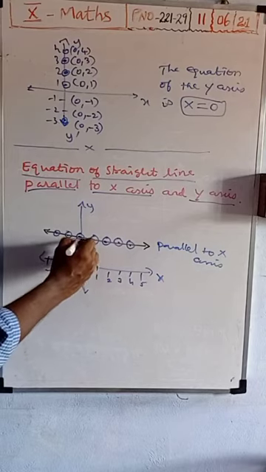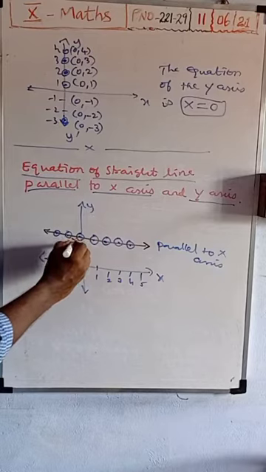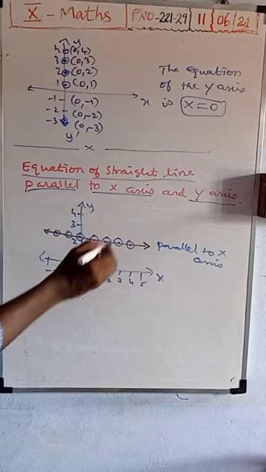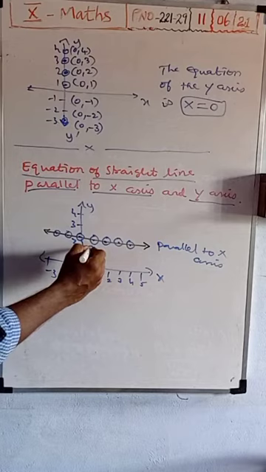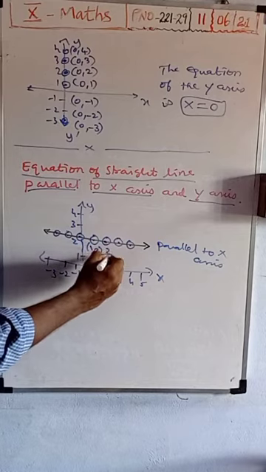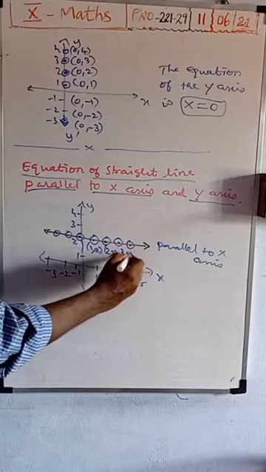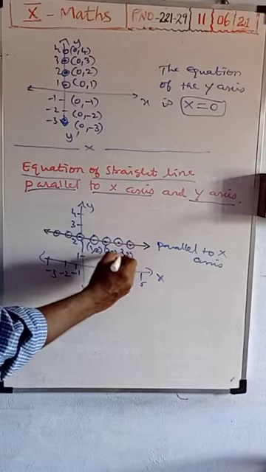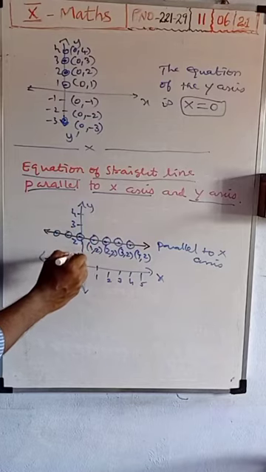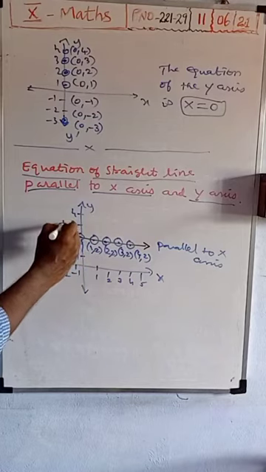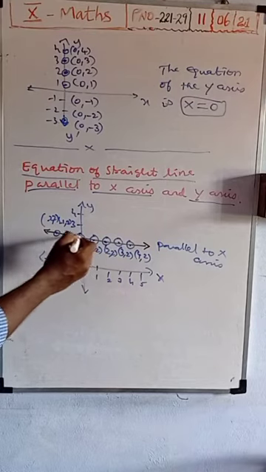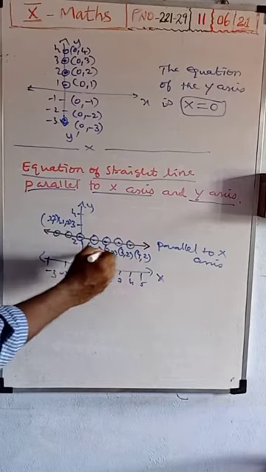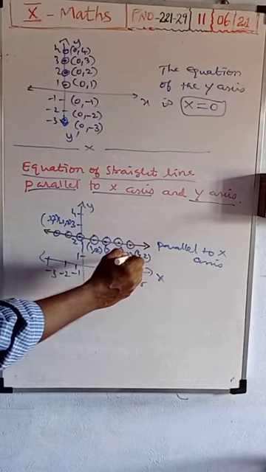Here the y value is 2, then the points are 1 comma 2, 2 comma 2, 3 comma 2, 4 comma 2, and on this side -1 comma 2, -2 comma 2, and so on. So the x point alone changes; the y coordinate does not change, because we always get the same value, 2.